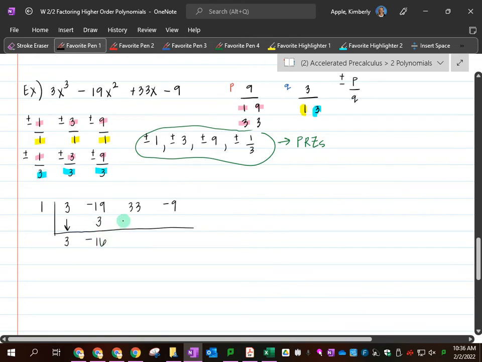That's negative 16. 33 minus 16, that's 17. 1 times 17 is 17. I don't know what that is, but it ain't 0. So this is not 0, so it's not a root. So 1 is not a root because I divided by this potential root out here.